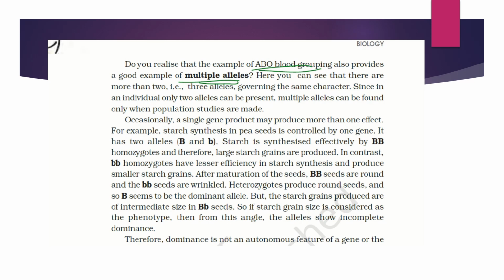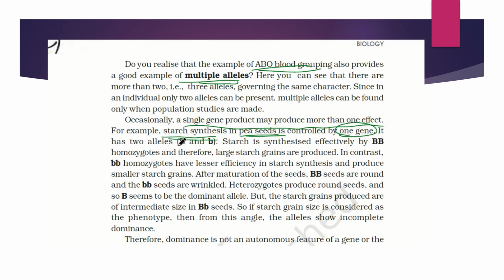Now, occasionally a gene product may produce more than one effect. So what is more than one effect? We are saying that when one gene product is there, it can produce more than one effect. As an example, take starch. The production of starch in pea seeds is controlled by only one gene.